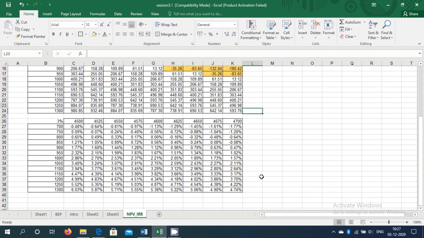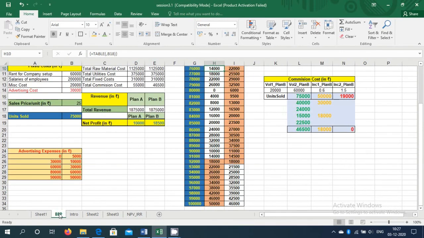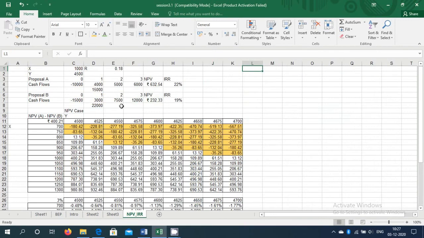Like in the previous example, we find that a particular plan is not the best one for all situations. Similarly in net present value, we cannot always say that if the return comes higher afterward, it will always be a bad option. Sometimes it can also be a better option.